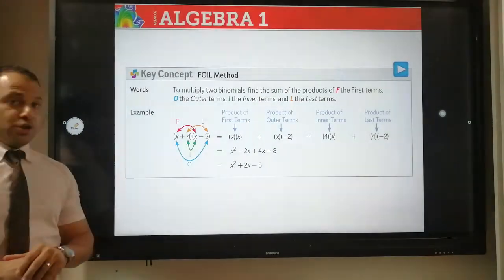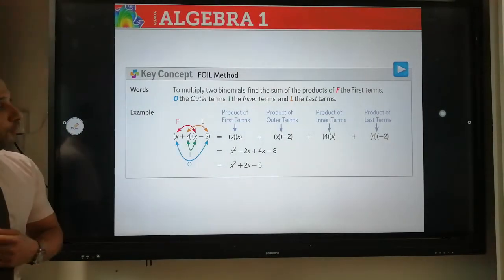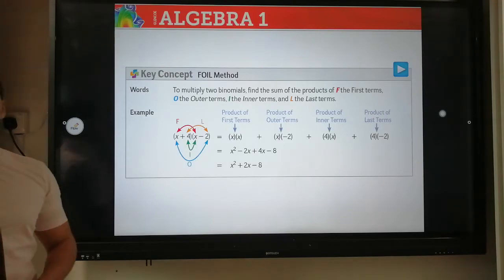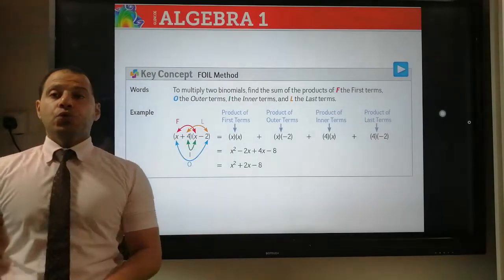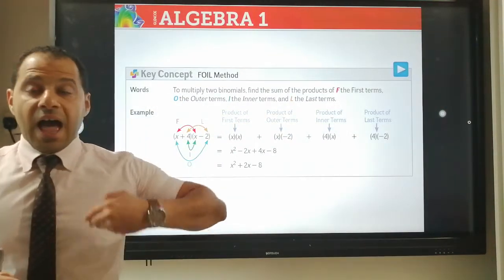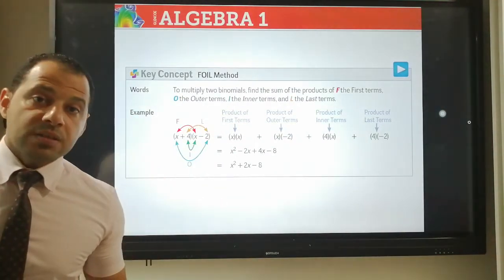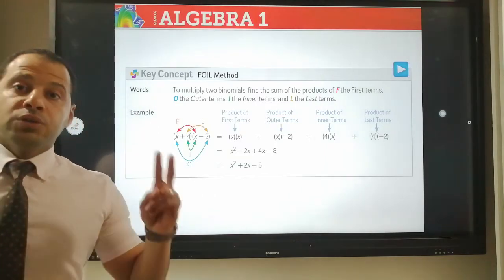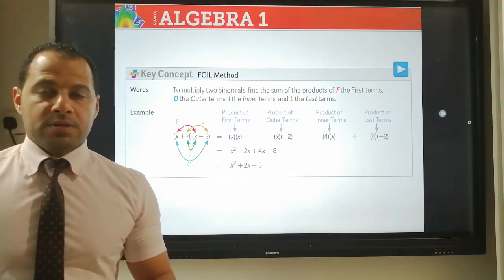The FOIL method is a way to multiply these two binomials. So the FOIL method is a method we use to multiply two polynomials.